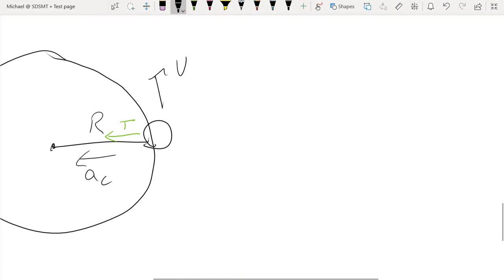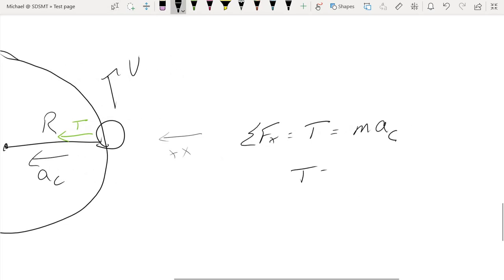I'll go ahead and define a reference frame. Positive x will be in the direction of the centripetal acceleration. All I have for forces in that direction is the tension force, so that is responsible for accelerating the mass at a rate of a. And we're done.